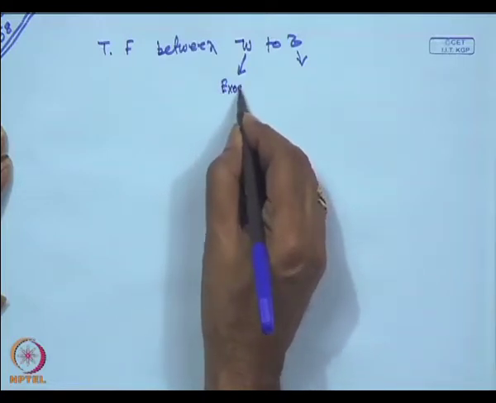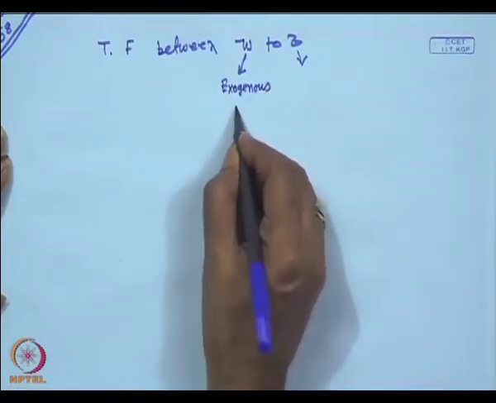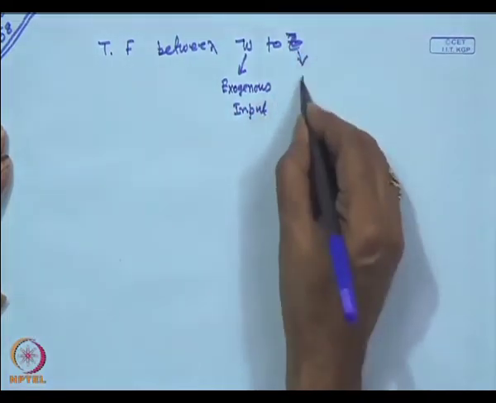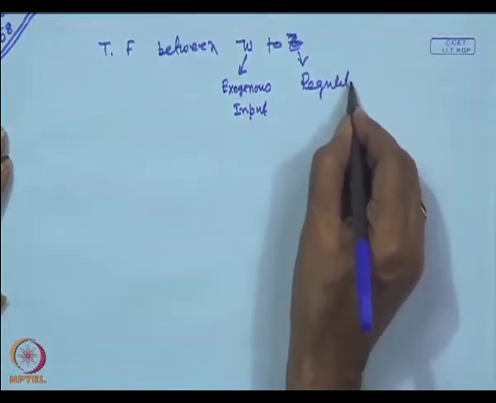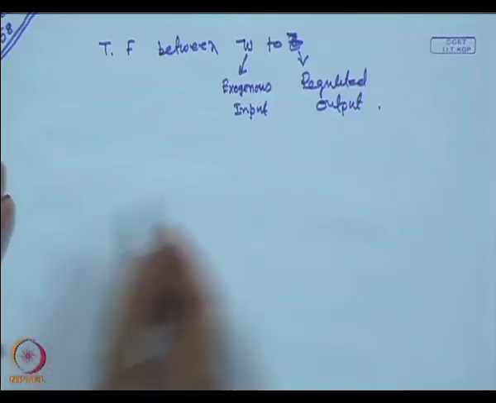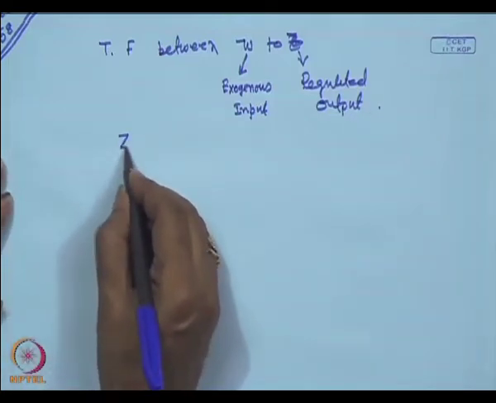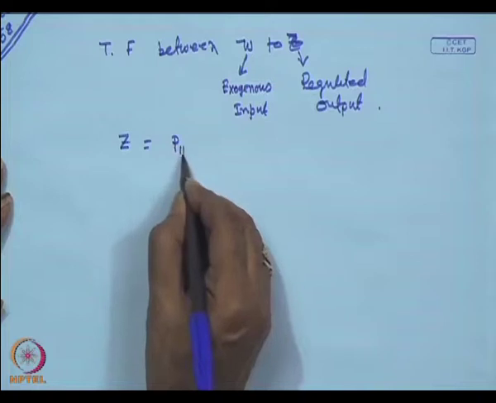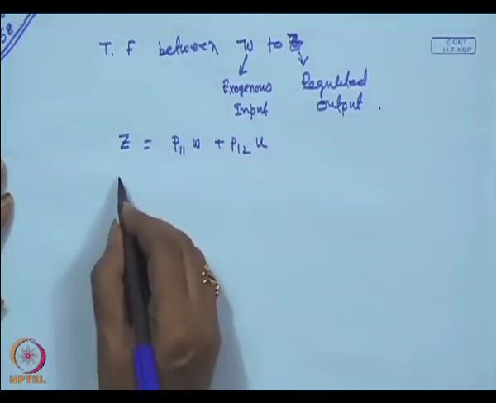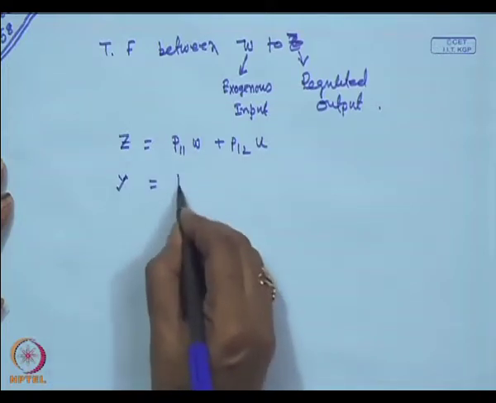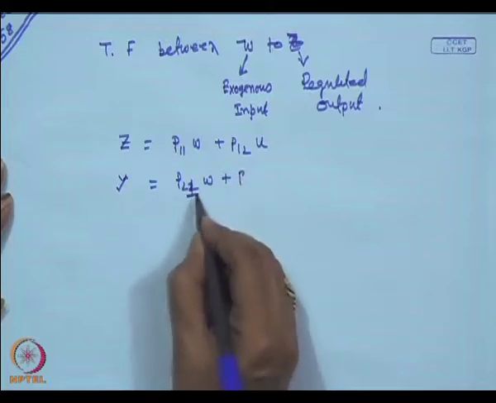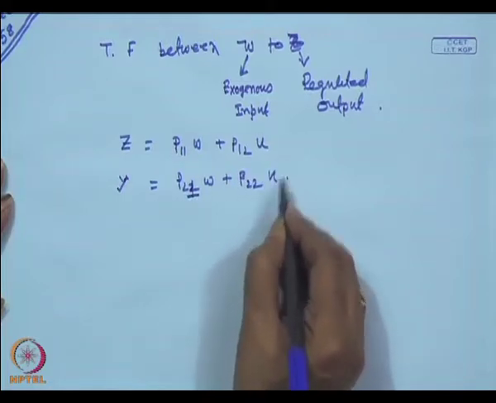So, from the basic equation we can write Z is equal to P 11 W plus P 12 U, and Y is equal to P 21 W plus P 22 U.